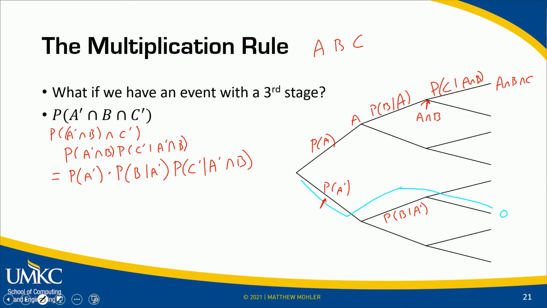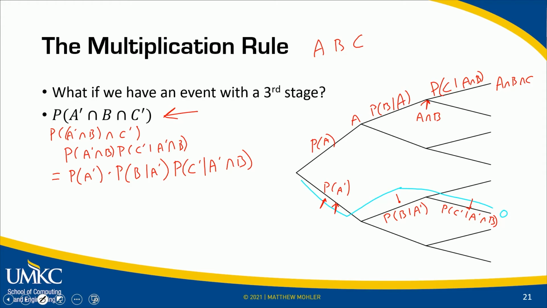And this last leg here is the probability of C complement given A complement and B have both occurred. So we've actually written out that the probability of all three of these occurring is equal to the product of the respective branches, which follows from our previous example. This is just the mathematical proof behind it.